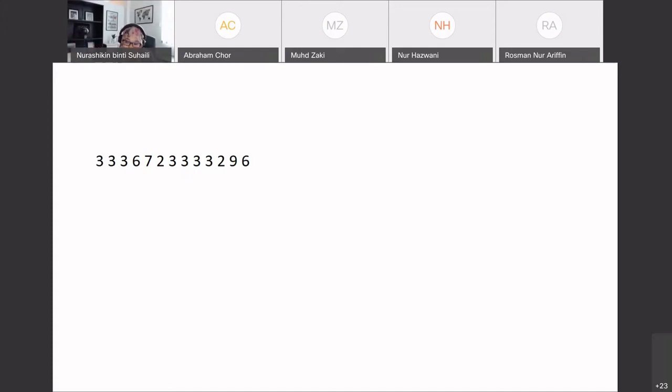Once arranged, you determine the number of observations. In this case, there are 13, which is odd. So you can easily get the middle value, which is the 7th position. The 7th position is 3. So that's how we got 3.